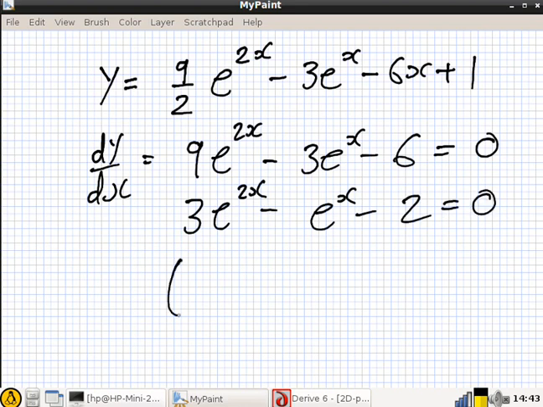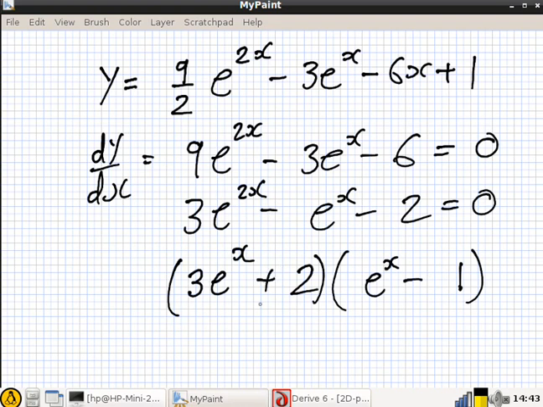Does this have roots, or do you need to use the formula? It does. 0 and minus 2 over 3. Yeah, 3e^x, e^x, 2, 1, and I need a minus 3, so minus and plus like that. Why is it minus 1? The root is 0, not 1. Oh no, it's 1.